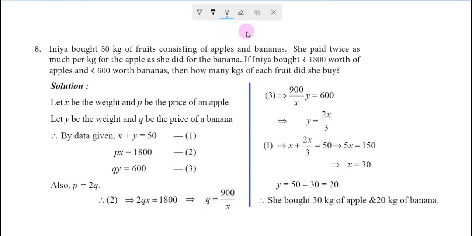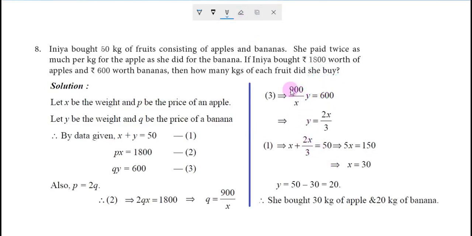Now equation 3. From equation 3 we may get y value. How? Apply this q value in equation 3. Actually qy equal to 600, this is the equation. So q value is 900 by x. So apply here: 900 by x into y equal to 600.